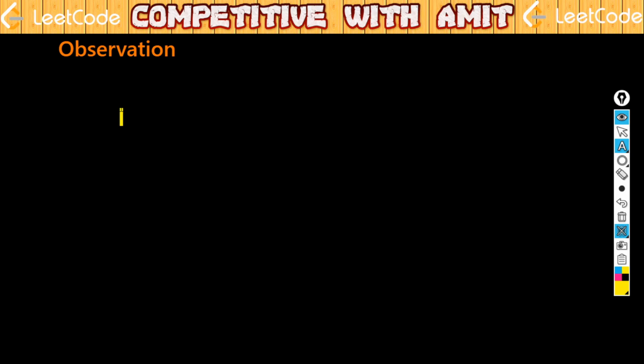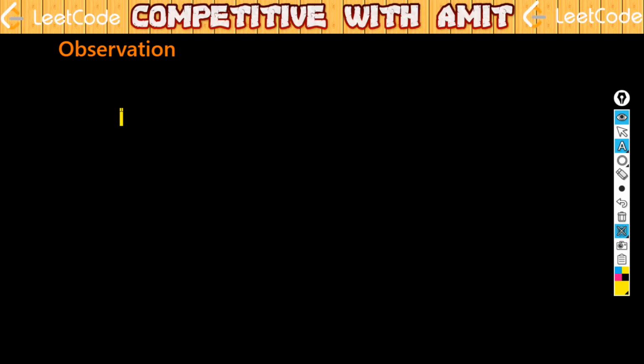Now what concept or algorithm do we have to use in this? We must use DP. Now why will we use DP, and how will we find out that in this question DP will be used? In this question we have to find the number of combinations. The number of combinations is somehow dependent on the number of combinations of the previous.